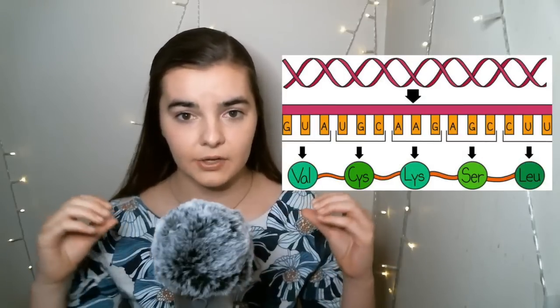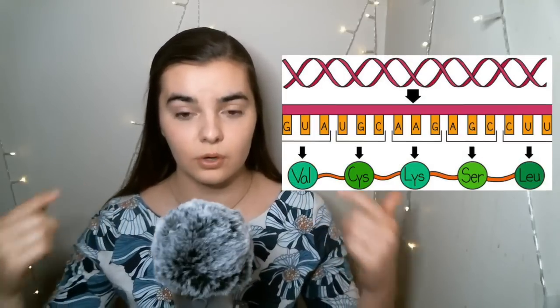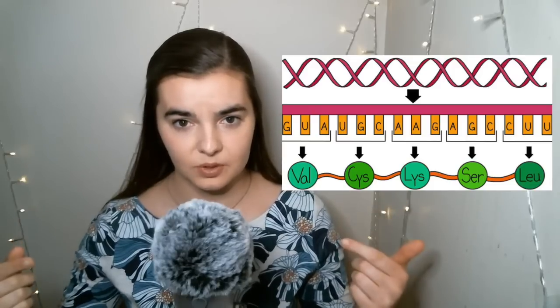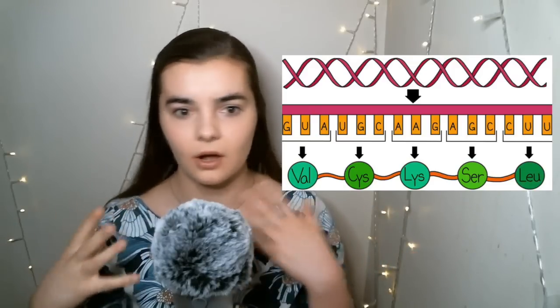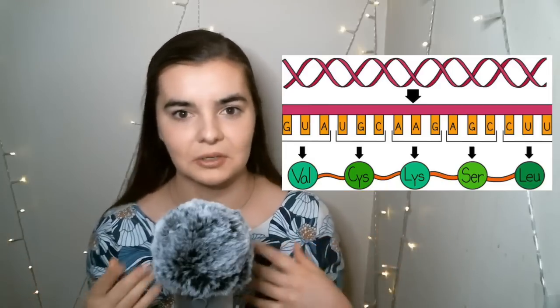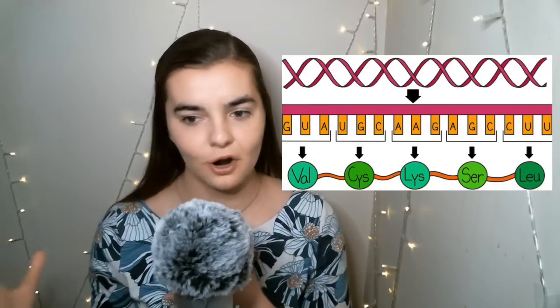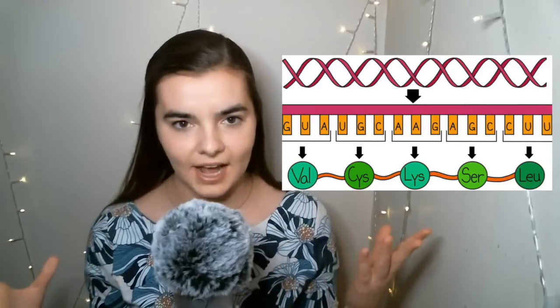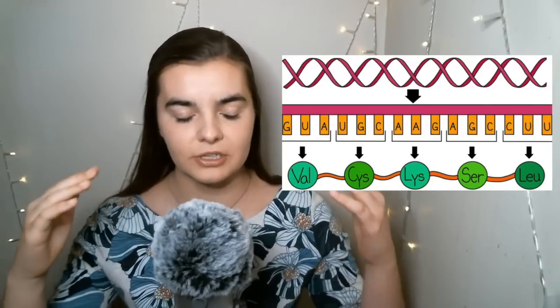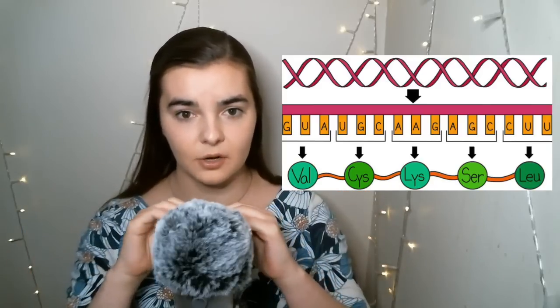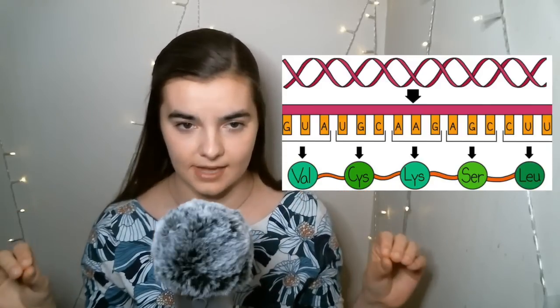So the DNA codes for the proteins that are going to be made, and those proteins are the things that do all of the things in your body that make you have blue eyes and make your heart pump, and everything that happens is done by the proteins, which are made based on what the DNA says.